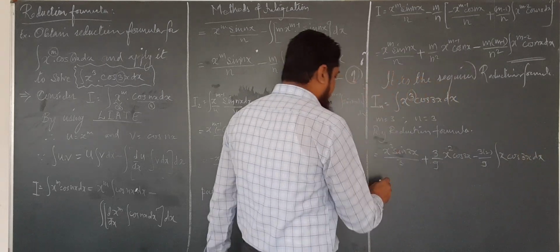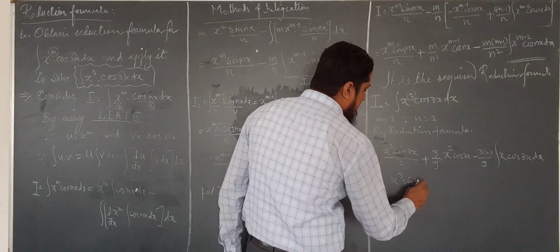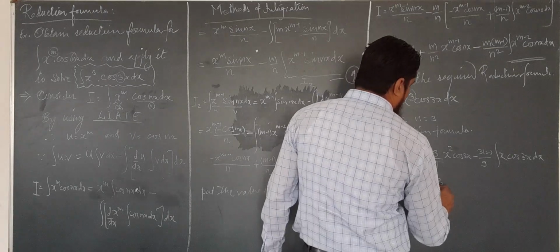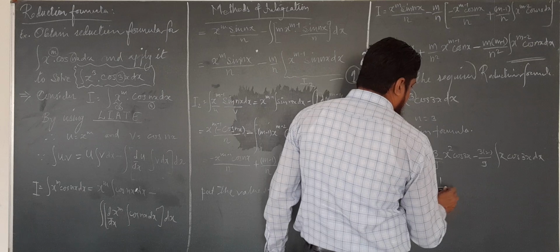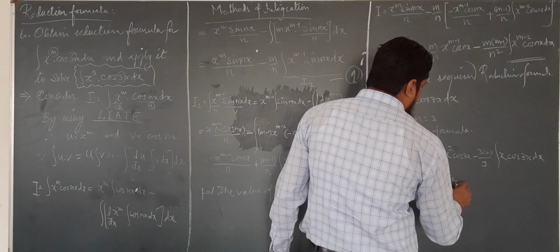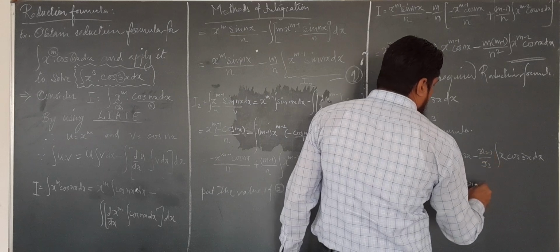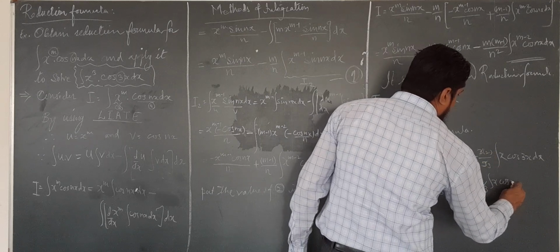Correct? This equation becomes x cube sine 3x upon 3 plus 3 by 9 or 1 by 3 x square cos 3x, now minus 2 by 3 x cos 3x.